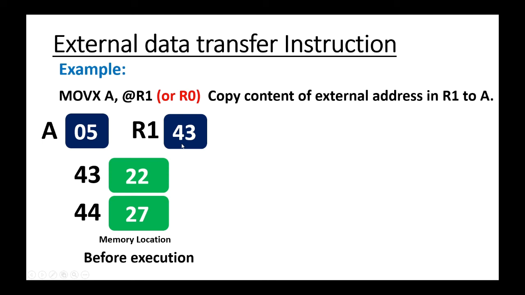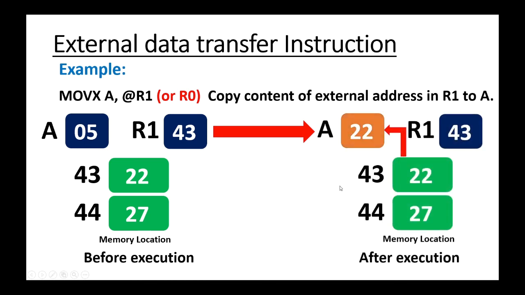The data of R1 will be treated as the address, and from that memory location the data will be fetched. So at this address 43 there is 22, the 8-bit data stored. This is the scenario before the execution, and after the execution the content of this memory location will be copied into the accumulator, as you can see highlighted here.